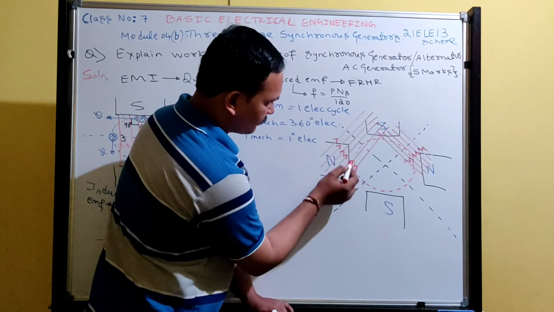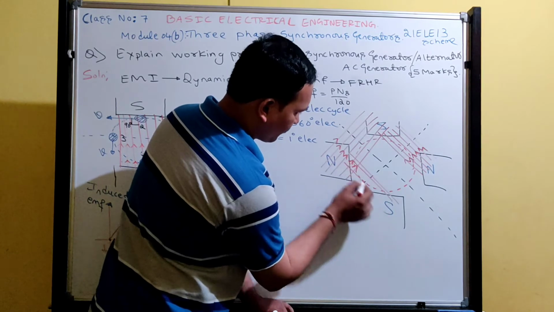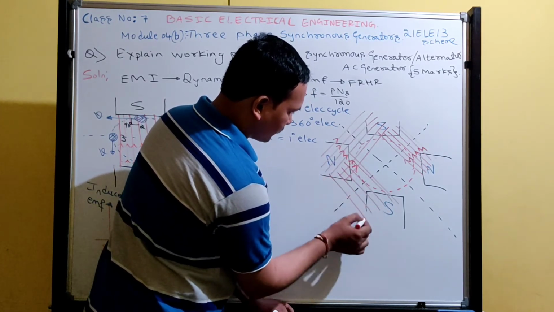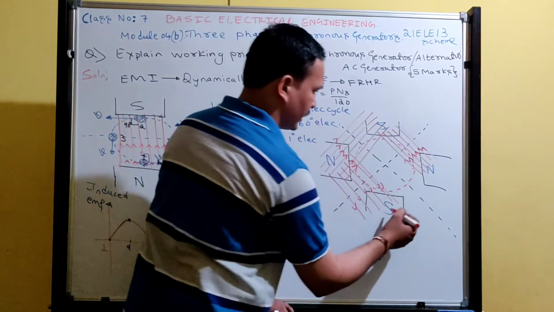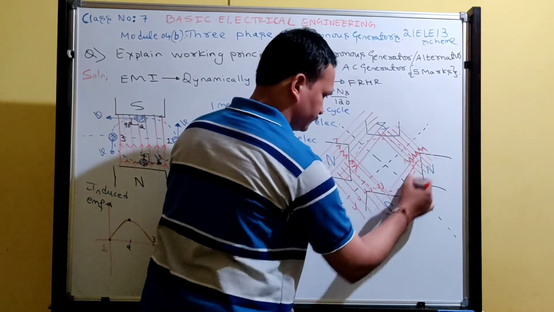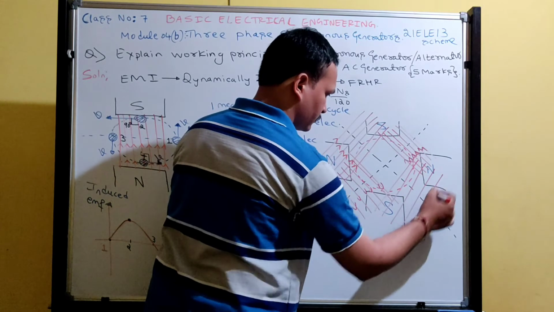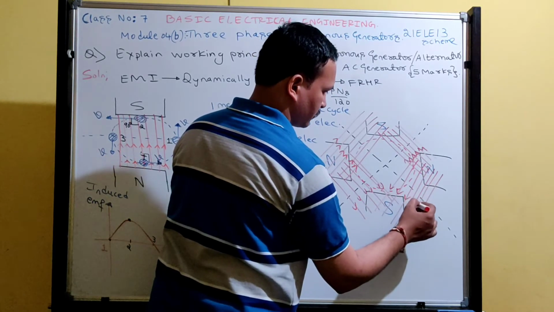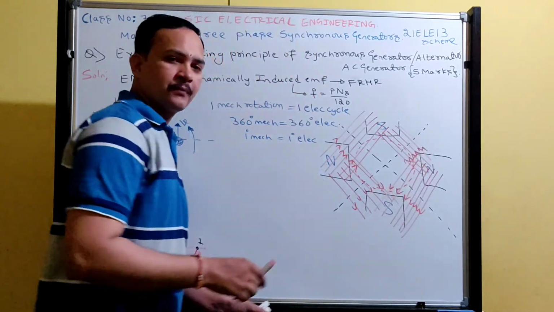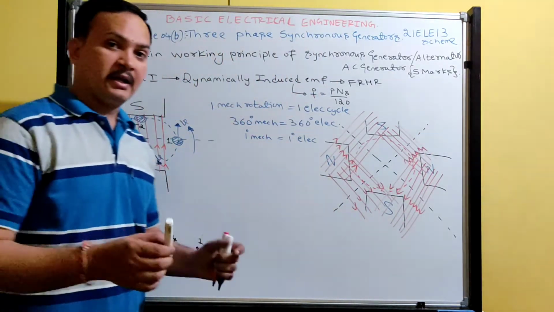Now again from north pole to south pole, lines of flux, and again from north pole to south pole. Now, conductor positions.